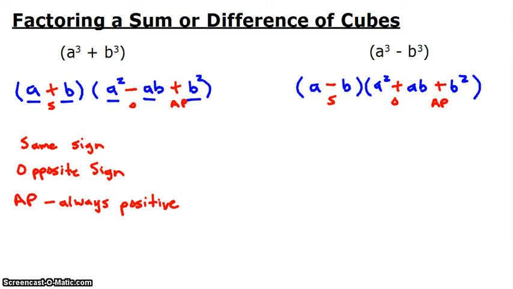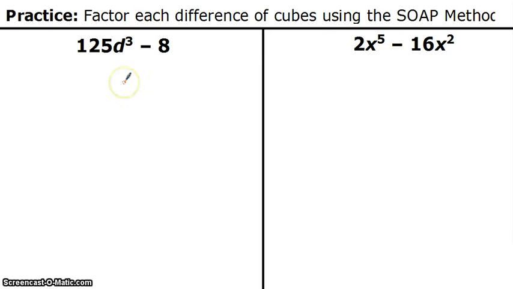All right, so let's try a couple examples here. How do we know what A is? How do we know what B is? That comes from these. These will always have to be perfect cubes, basically meaning I could break these into three equal parts. It's going to be very beneficial for you to memorize a few of your perfect cubes beforehand. So 125 is a perfect cube.